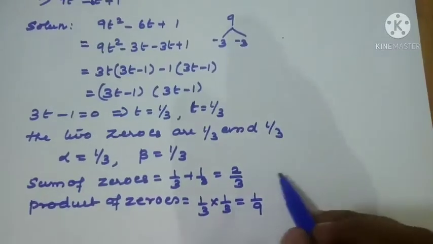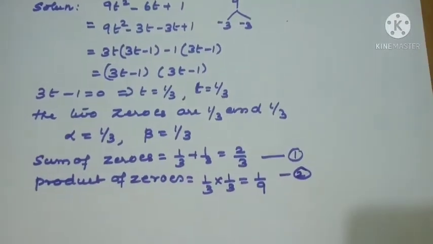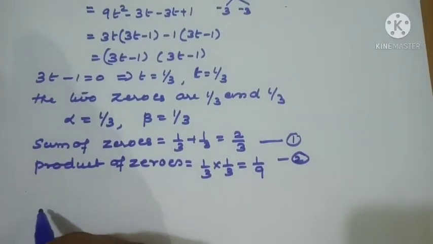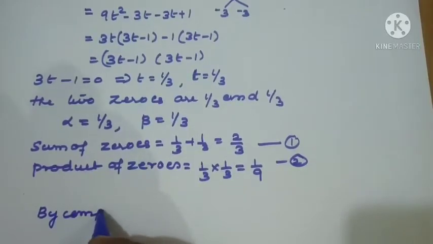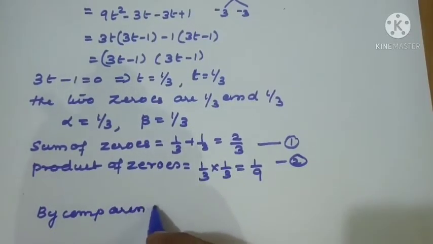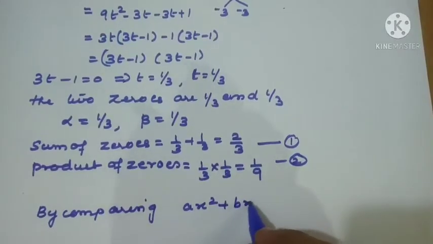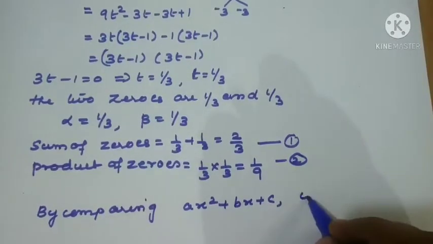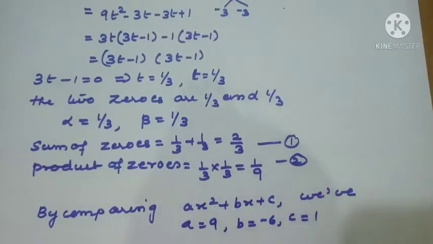We got this is our first equation and this is our second. Now what is the next? 9t square is compared with ax square plus bx plus c. By comparing, we have a equal to 9, b equal to minus 6 and c equal to 1.